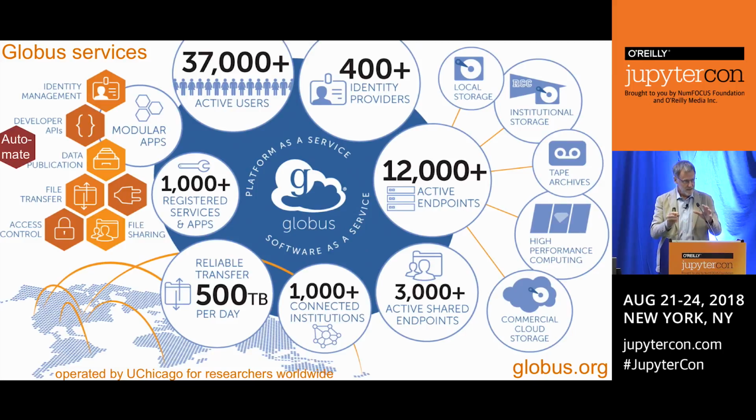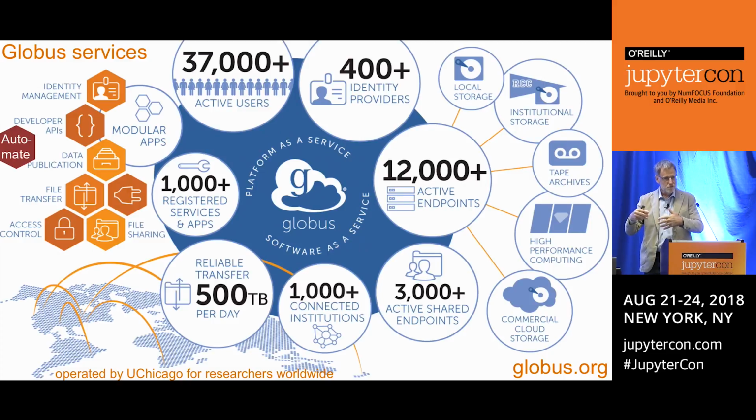It's a service that runs on the Amazon cloud, and provides a set of nice APIs and associated web interfaces and command line interfaces and so forth that let you ask it to do things like move data from one storage system to another. And there's 12,000 or more storage systems around the world, particularly in the US, that have got Globus Connect servers running on them.